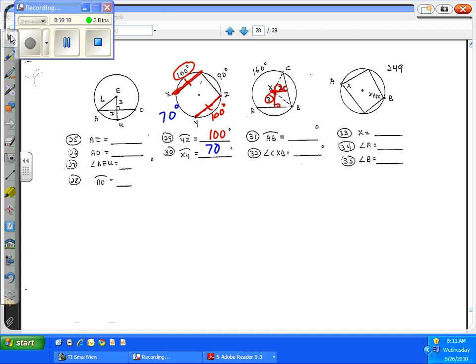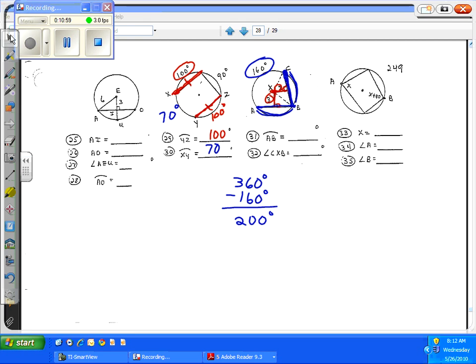So chord AB and chord CB are equally distant from the center. In equal circles or in the same circle, chords that are equally distant from the center are equal chords. So chord CB is the same length as chord AB, and its arc measure, arc AB, is the same as arc CB.